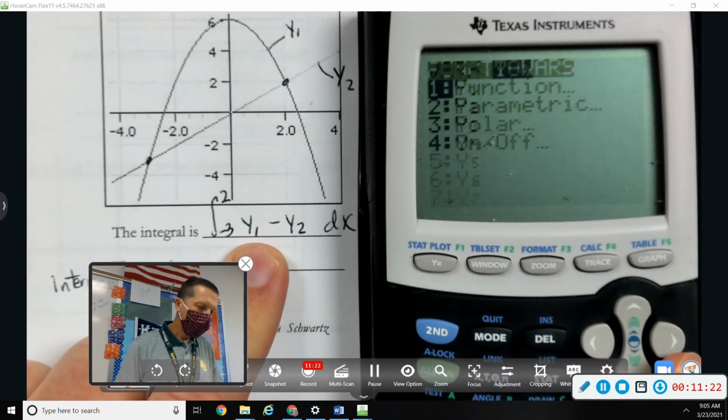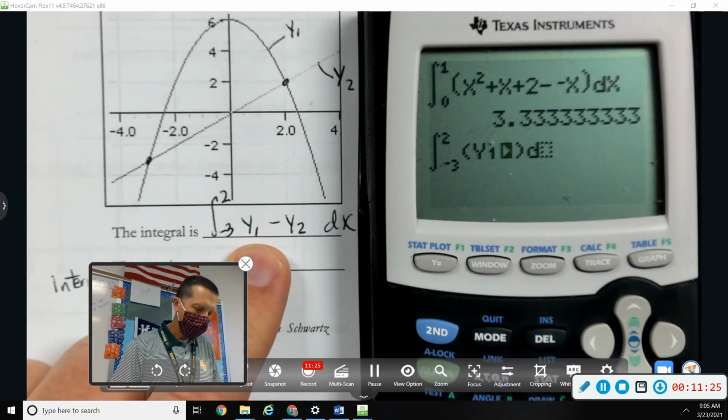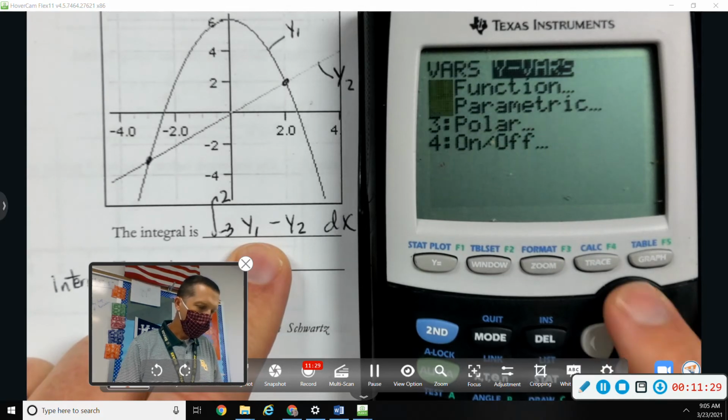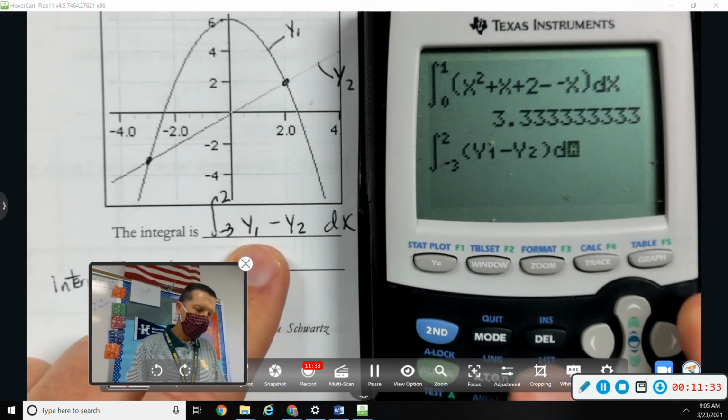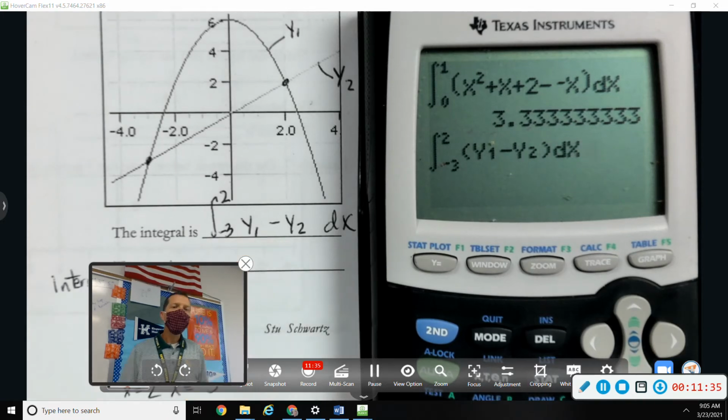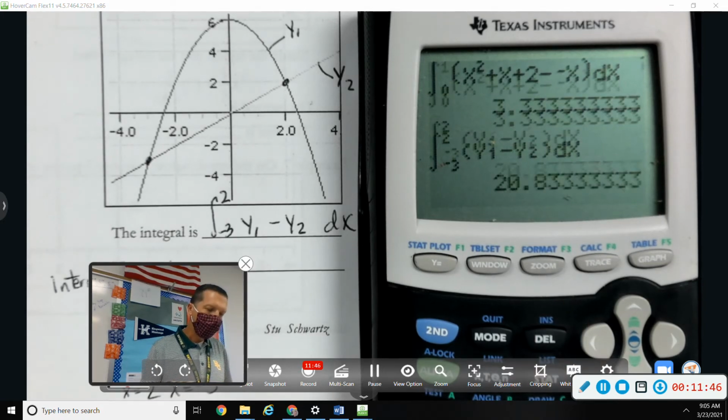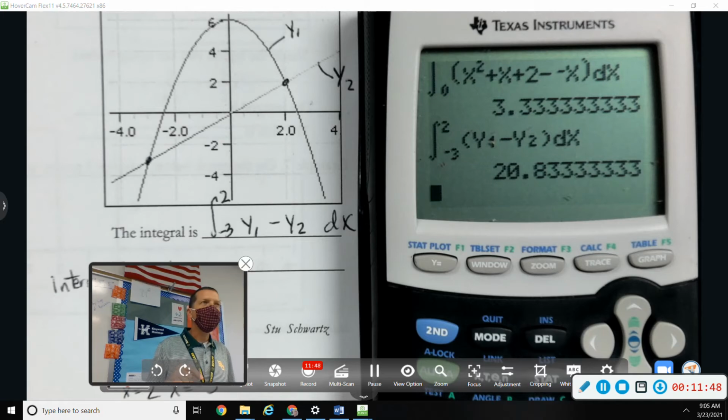Y variables. Y1 minus vars. Y vars. Y2 dx. So this one wouldn't have been too bad to type that stuff in, but again, if you get really weird, ugly equations and you type them in anyway, then you don't have to type them in again. You can use Y1 and Y2. Do you guys get 20.8333?